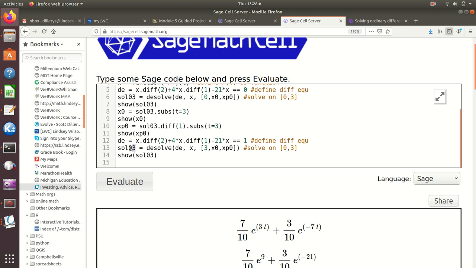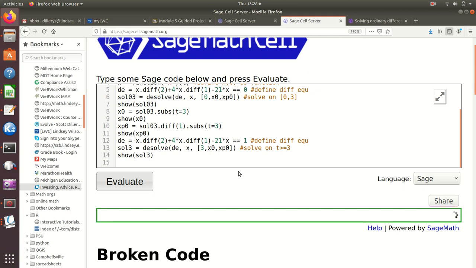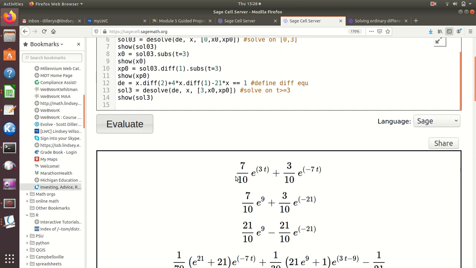Here I'm just going to call it SOL3 for 3 or higher, and I could change my comment on here, so t greater than or equal to 3, something like that. I could put comments for the substitutions I'm doing there, but I think that's it. Let's evaluate that and see if it works. I haven't tried it yet, so we'll see.